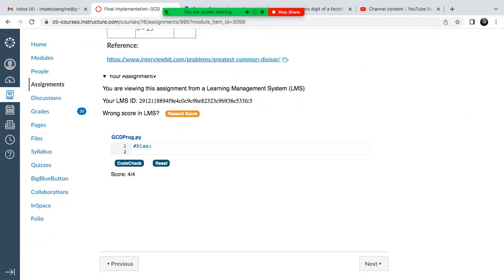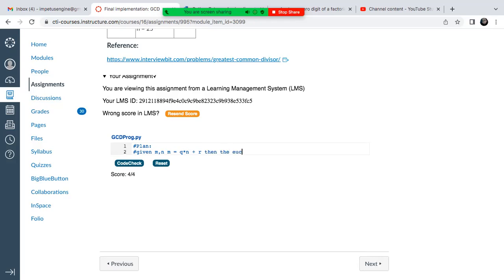The plan was that given m and n, we have m equals some quotient times n plus a remainder r.